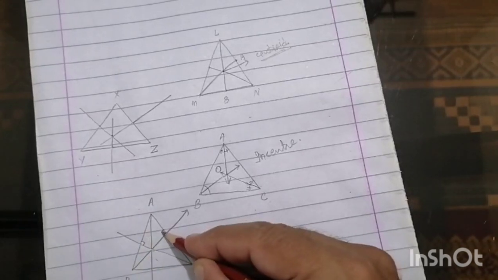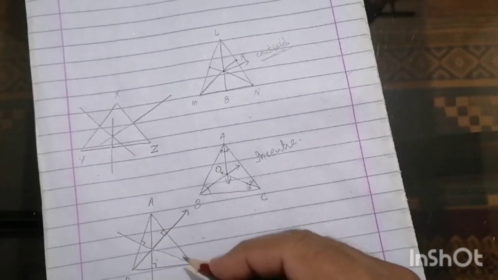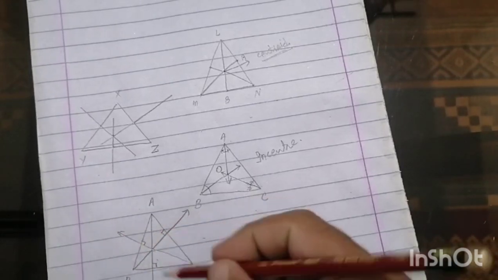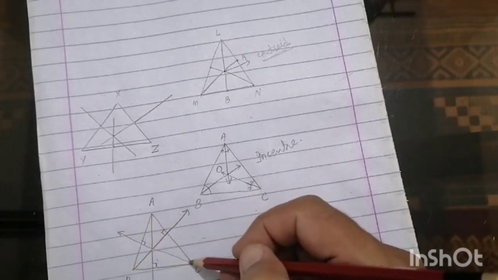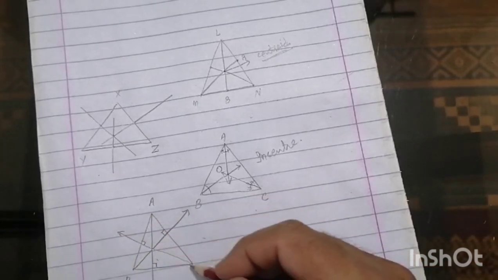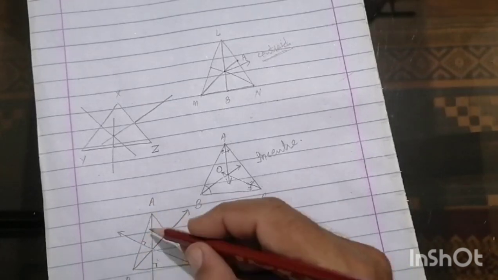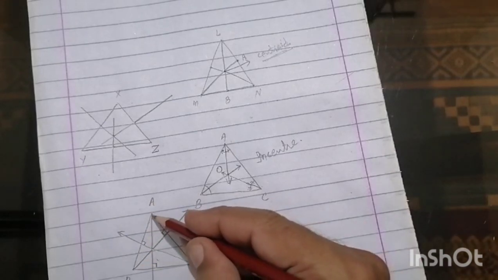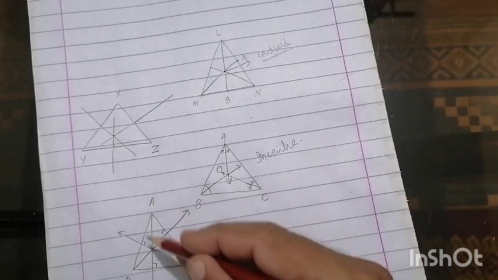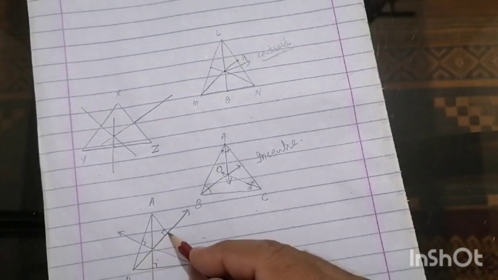Here these three rays which are coming from the vertex to the opposite side are perpendicular. These are called altitudes. Okay, so an altitude is a ray or a line which is perpendicular from the vertex to the opposite side.